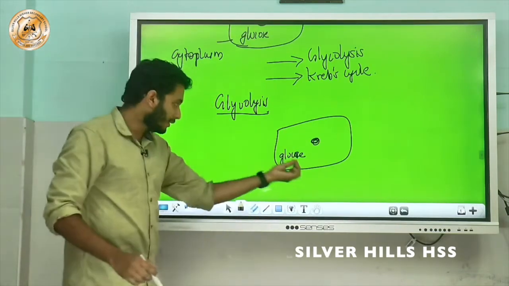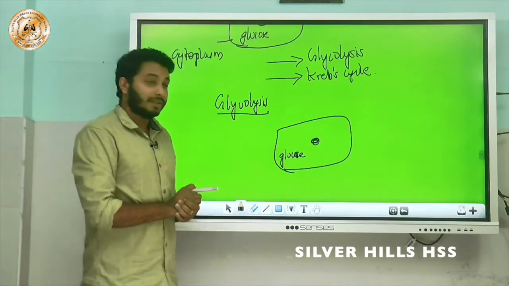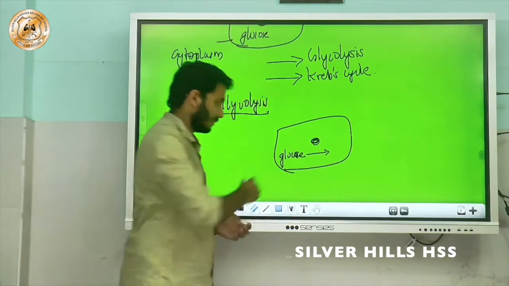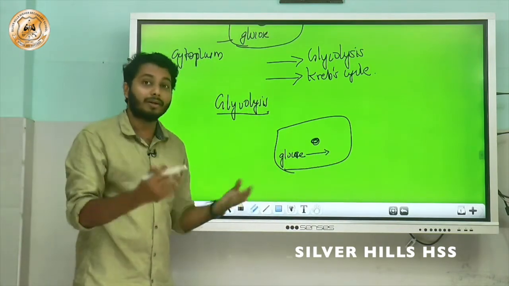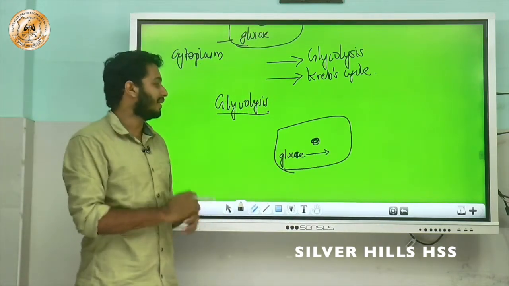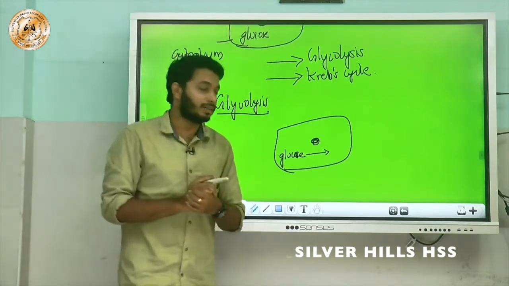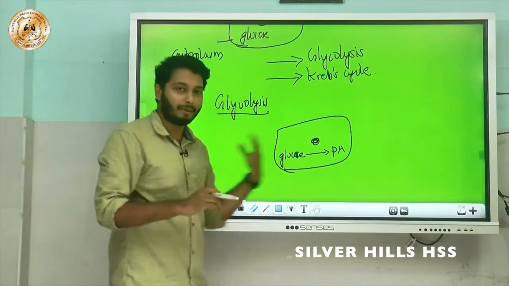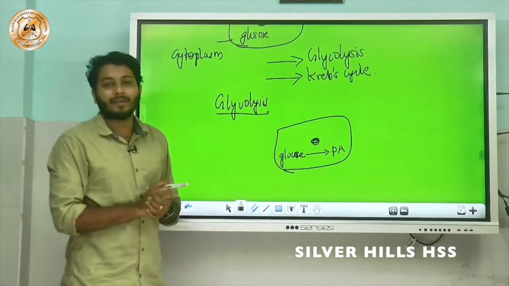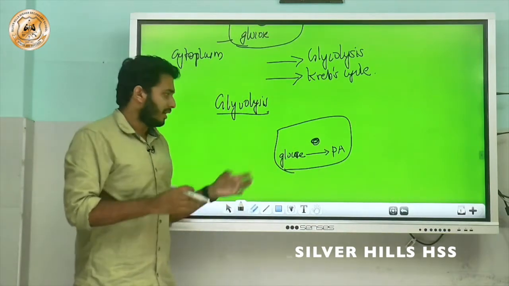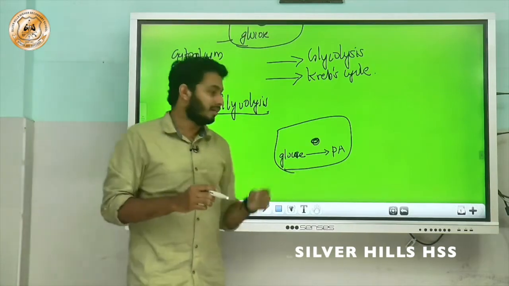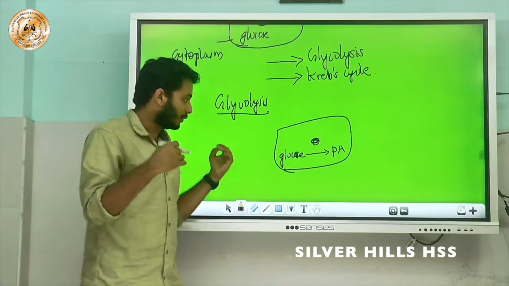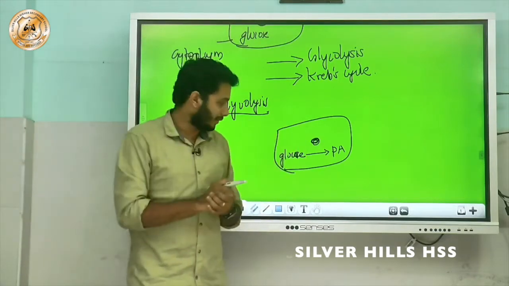This glucose undergoes a series of chemical changes and gets converted into pyruvic acid. I am abbreviating it as PA, pyruvic acid. This process is called glycolysis. It undergoes a series of steps, but in 9th standard we can define glycolysis as the conversion of glucose into pyruvic acid.